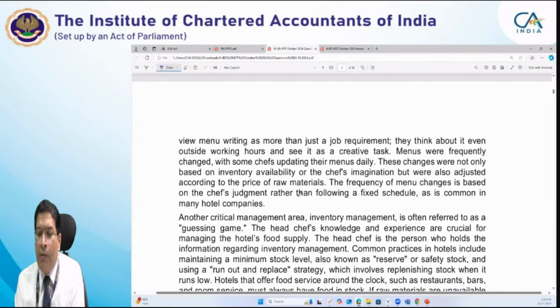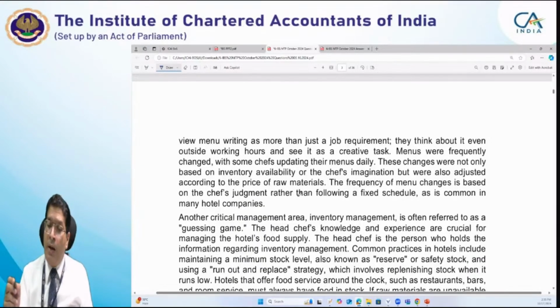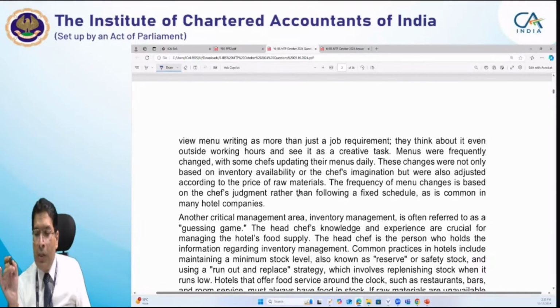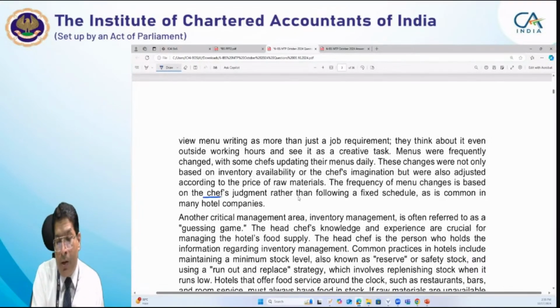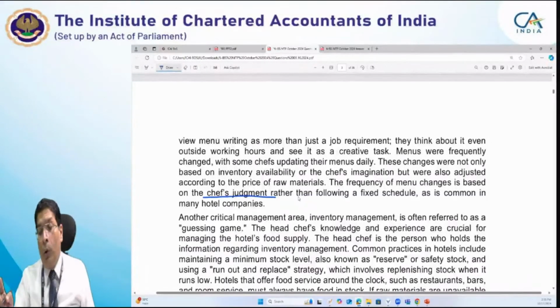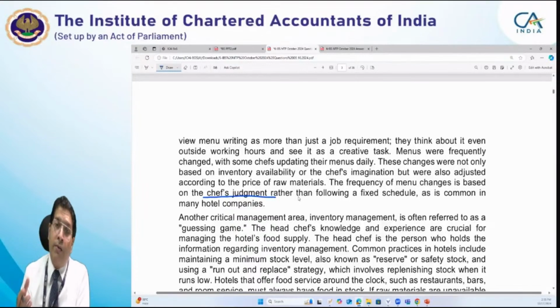These changes were not only based on inventory availability or the chef's imagination, but also adjusted according to the price of raw materials. The frequency of menu changes is based on the chef's judgment, rather than following a fixed schedule. It means the chef's judgment is very, very important.